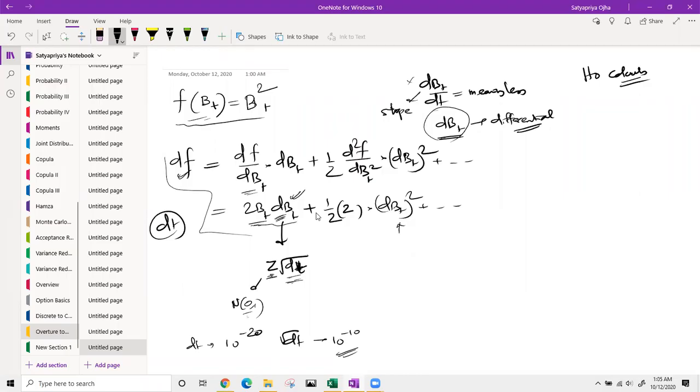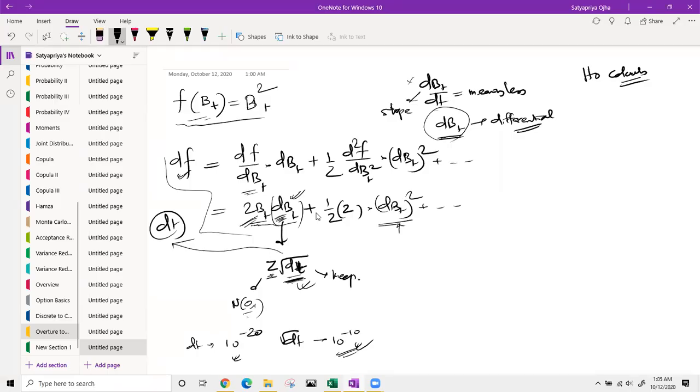The first term, forget about 2bt, this dbt has an order of square root of dt. Square root of dt is super significant in the time interval dt. This is big, much bigger than this. So can I ignore this term? Of course not. I'll keep this term.